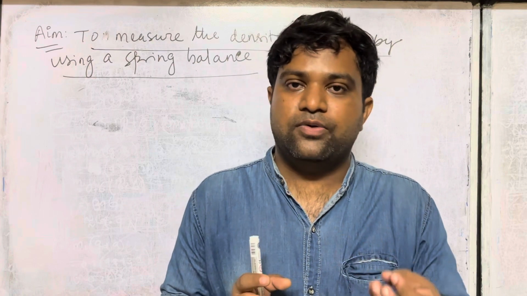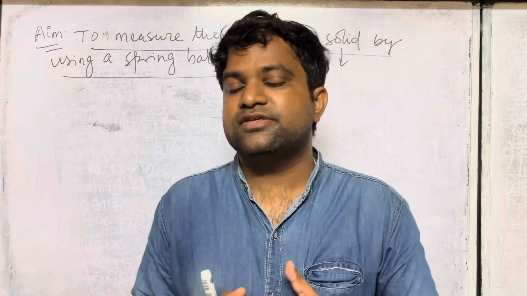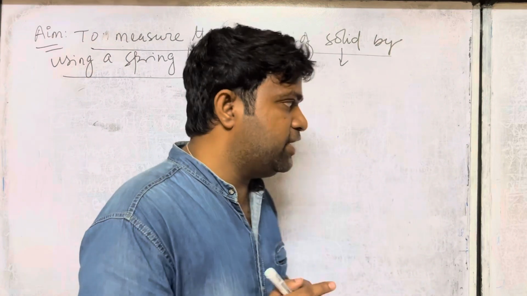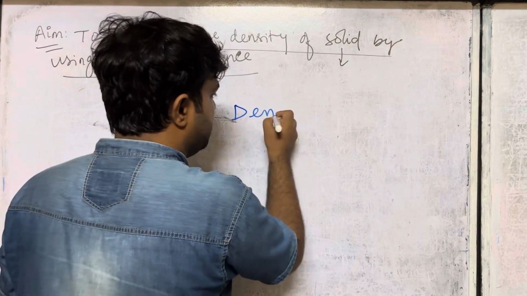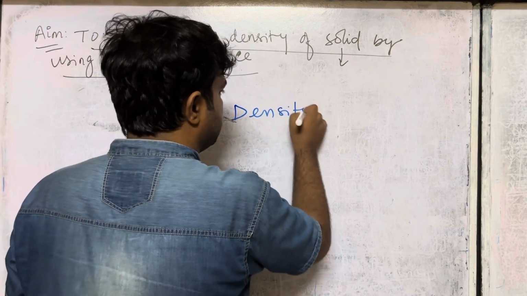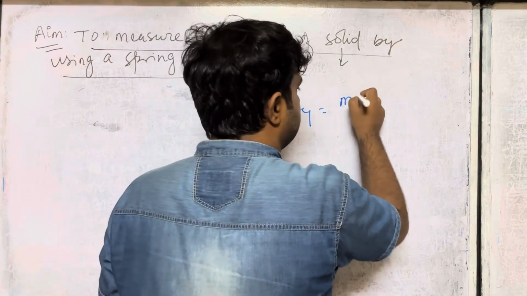Because we'll take the help of water to measure its volume. To measure density we need two quantities: one is mass, another is volume.